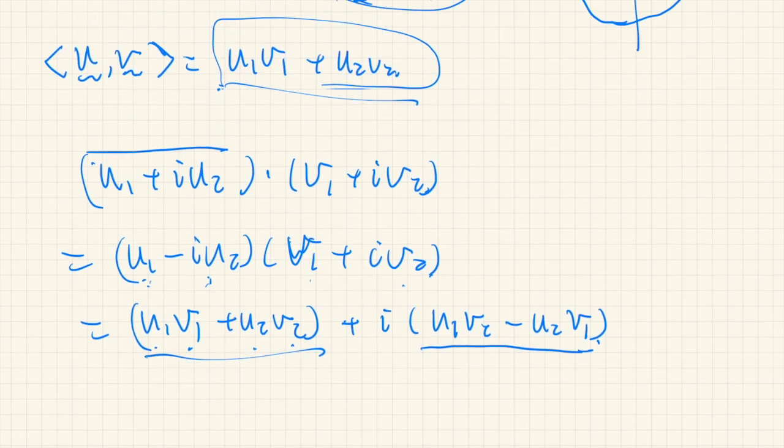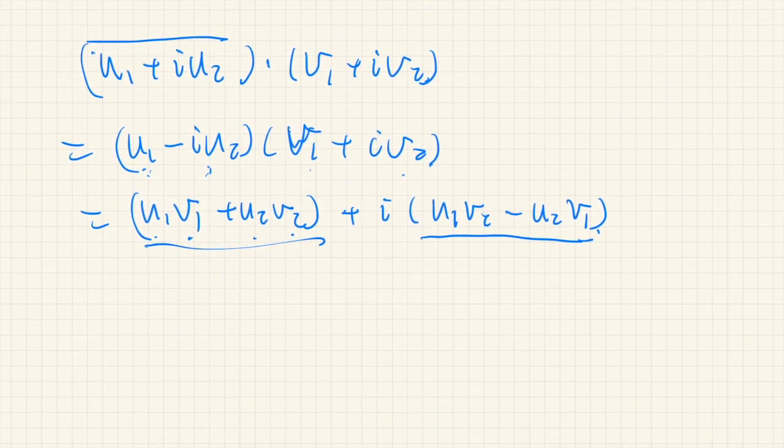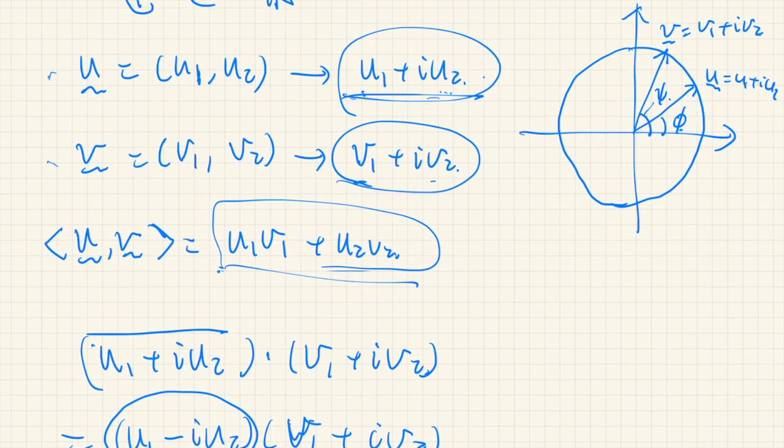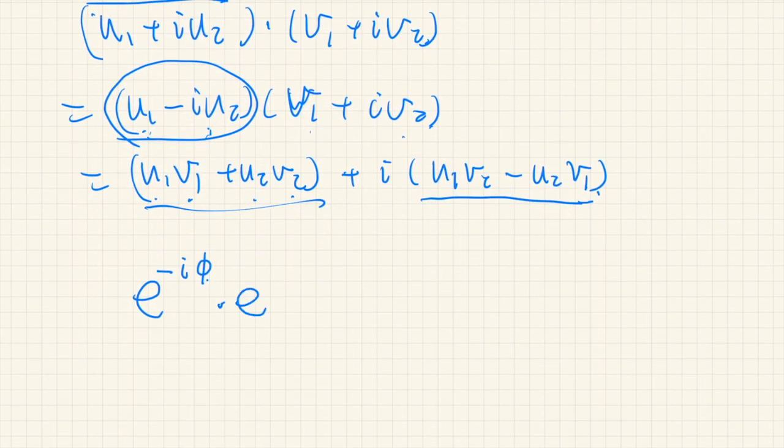And also, if we use this polar form, then this corresponds to e to the power of negative i phi, the complex conjugate of this number, times e to the power of i psi, and that is exponential of i (psi minus phi).